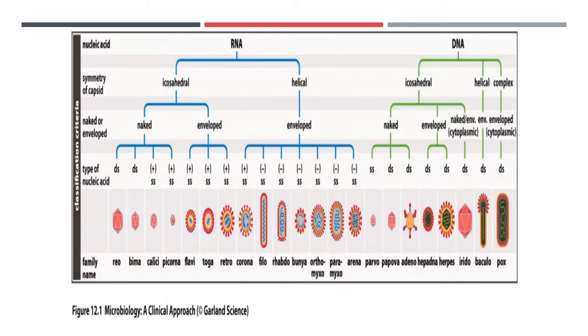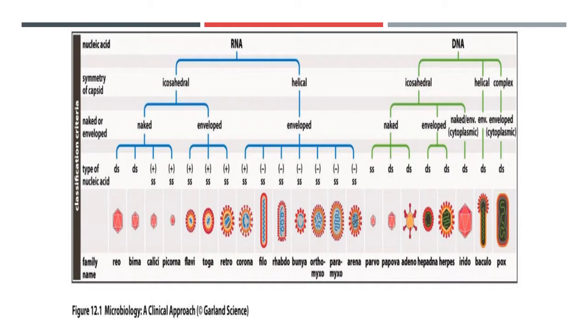Okay, so this is a classification criteria, or a simple flow chart, where you will see that the classification is done depending on nucleic acid, depending on symmetry of capsid, and depending on whether the viral particle is naked or enveloped. Then last is even the type of nucleic acid, that is whether it is single stranded or double stranded, or positive sense or negative sense of RNA.